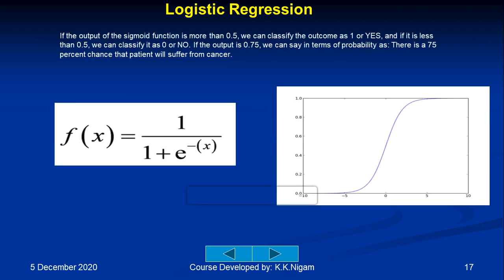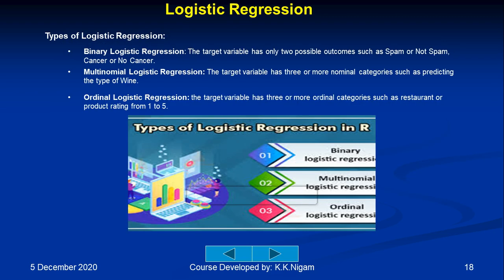If the output of the sigmoid function is more than 0.5, we can classify the outcome as 1 or yes. If it is less than 0.5, we can classify it as 0 or no. If the output is 0.75, we can say in terms of probability that there is a 75% chance that the patient will suffer from cancer.